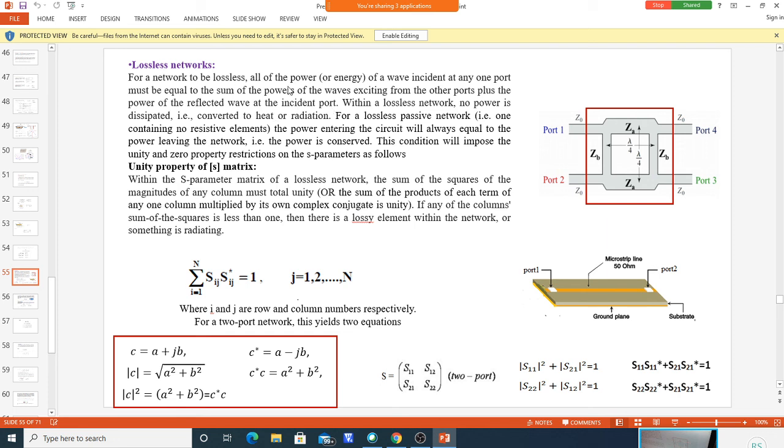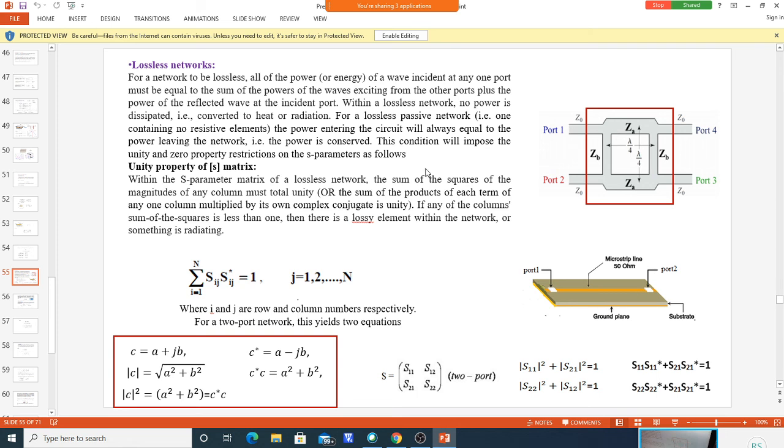So what is meant by lossless? For example, this is a network. You send a signal at port 1. This power at port 1 must be equal to the addition of power from here and here, plus the power reflected from here.